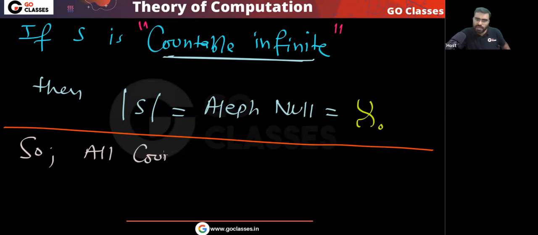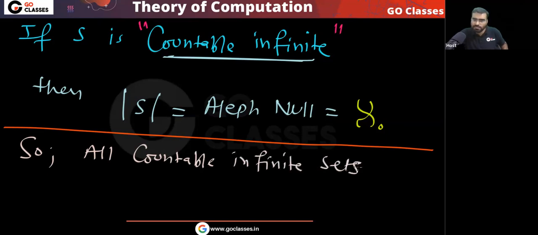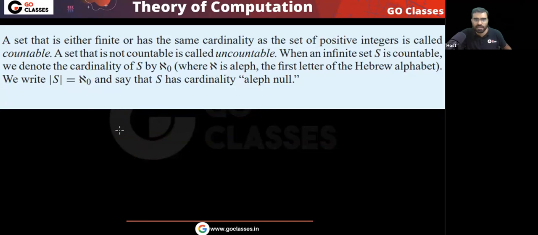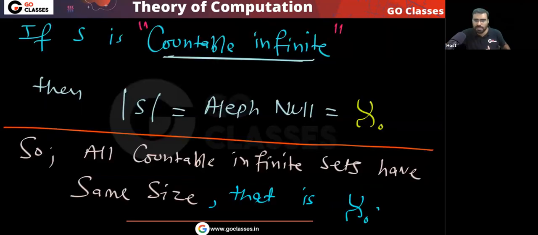All countably infinite sets have the same size, and that is aleph-null. Is this clear? Please tell me.